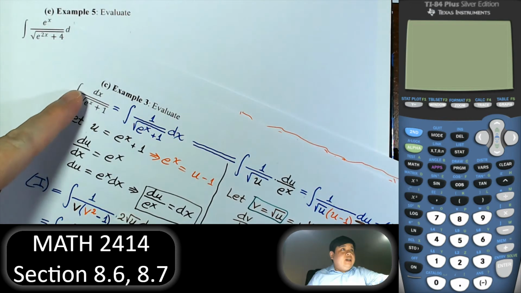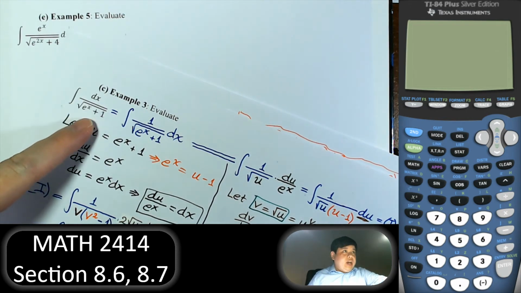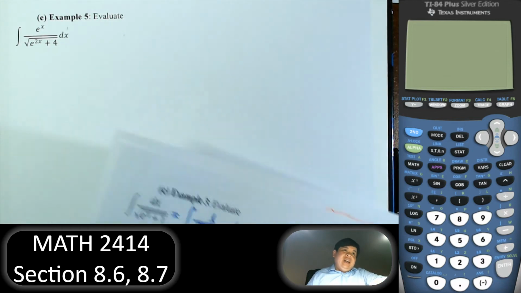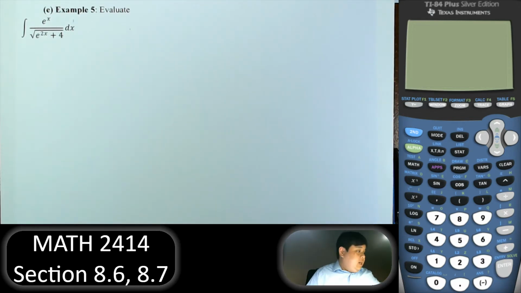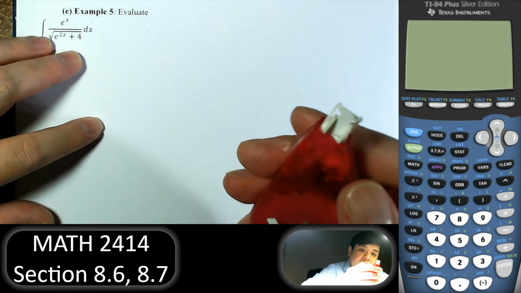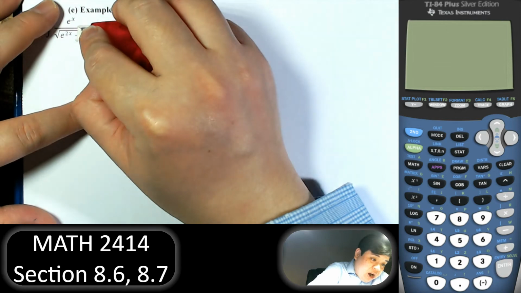Yeah, that. And we did let u equal e to the x plus 1. This one we have e to the 2x. Slightly different. We won't be able to do that, but it just makes things a little more interesting. Actually, this should be minus.